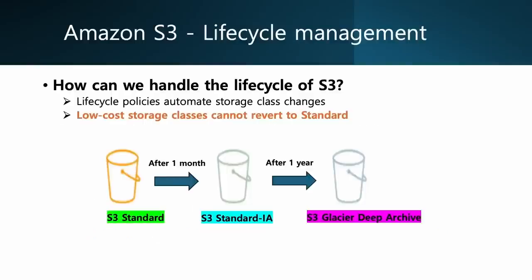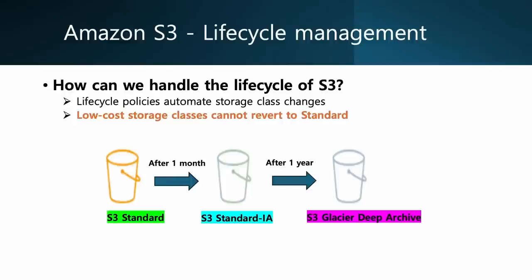Next, let's learn about S3 Lifecycle Management. S3 has a lifecycle setting function. For example, there may be an object that is used frequently when first used, but then becomes less frequently used after a month or so. And after a year, there may be objects that need to be archived. For this purpose, S3 provides a lifecycle setting function.